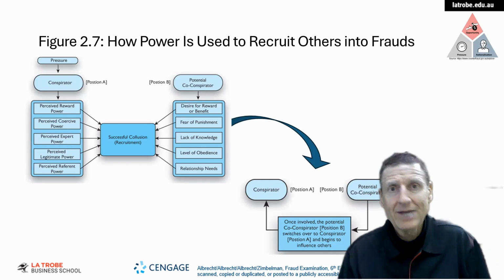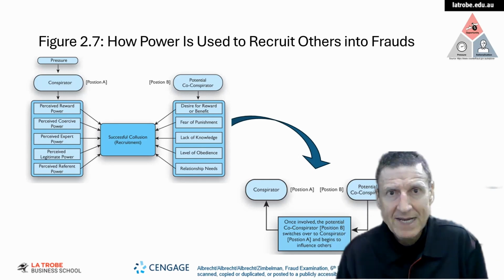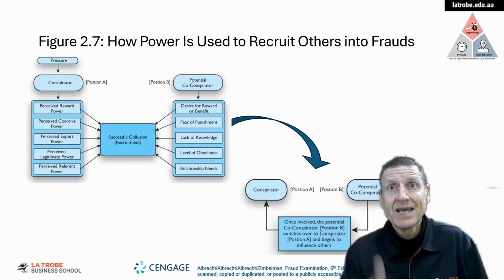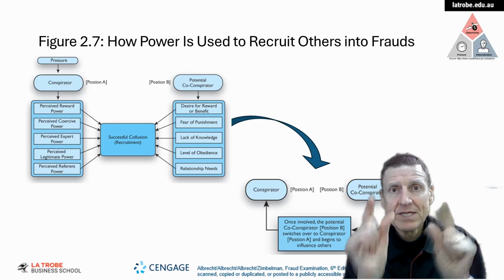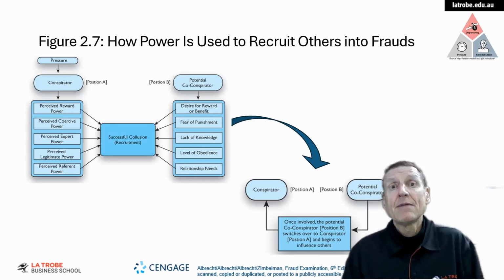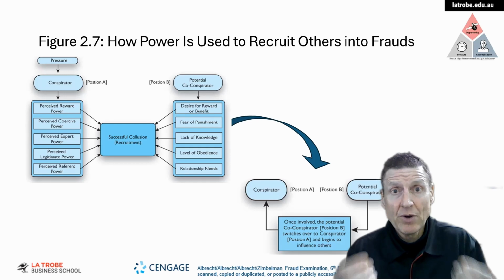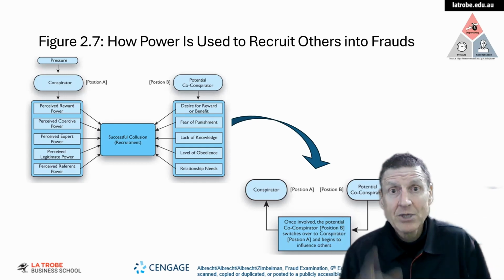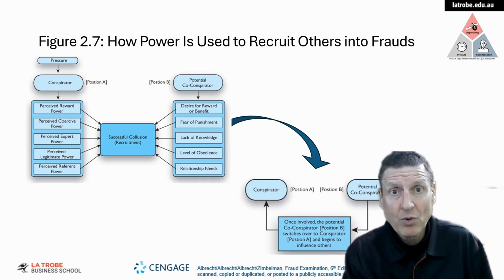All these different mental gymnastics. The pressure, the opportunity, and rationalization. When these three things are present, you've got the surefire situation of a fraud. So be careful, and look out for fraud around you.